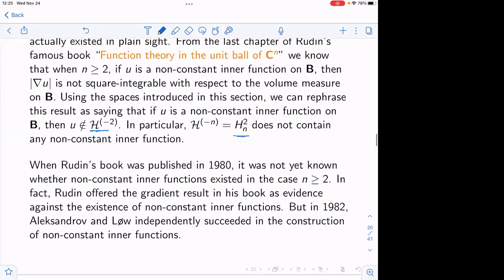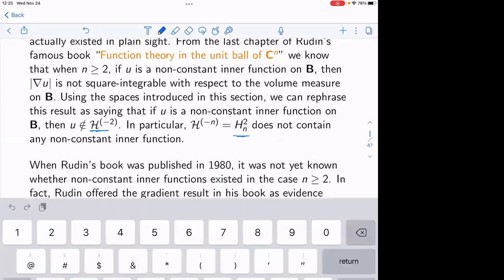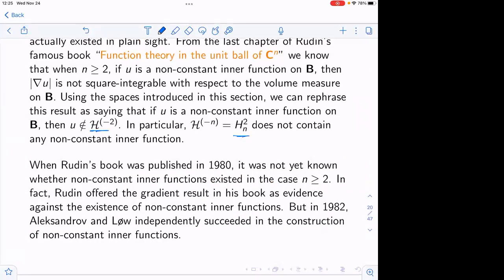But when Rudin's book was published in 1980, it was not yet known that there were non-constant inner functions. This was actually constructed two years later by Aleksandrov and Løw.